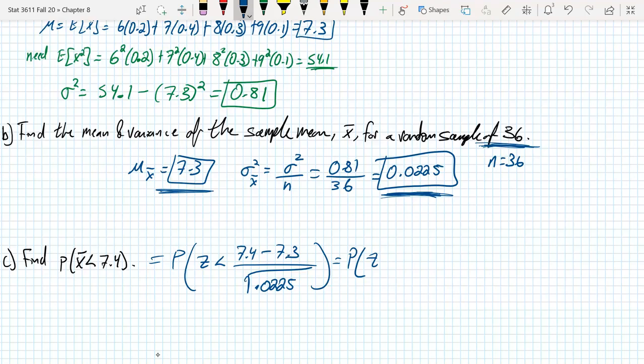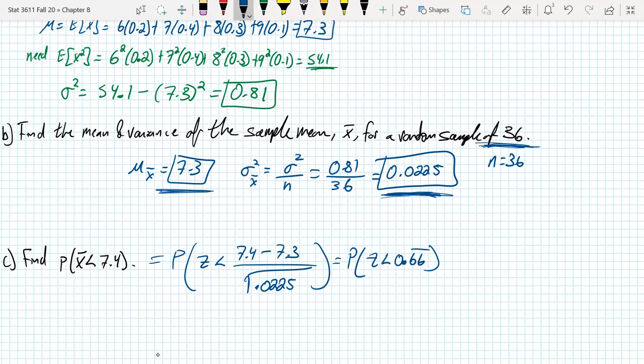So what do we have when we do 7.4 minus 7.3, and then we're going to do divided by the square root of 0.0225. That means z is less than, I've got 0.66 repeating here.